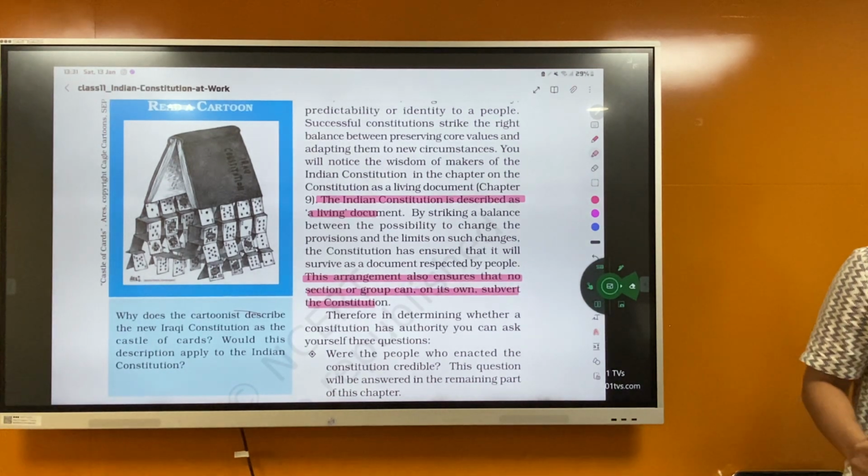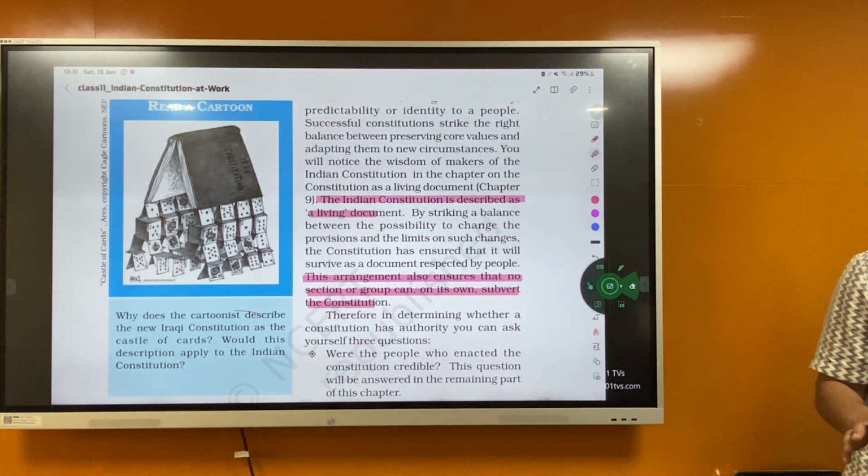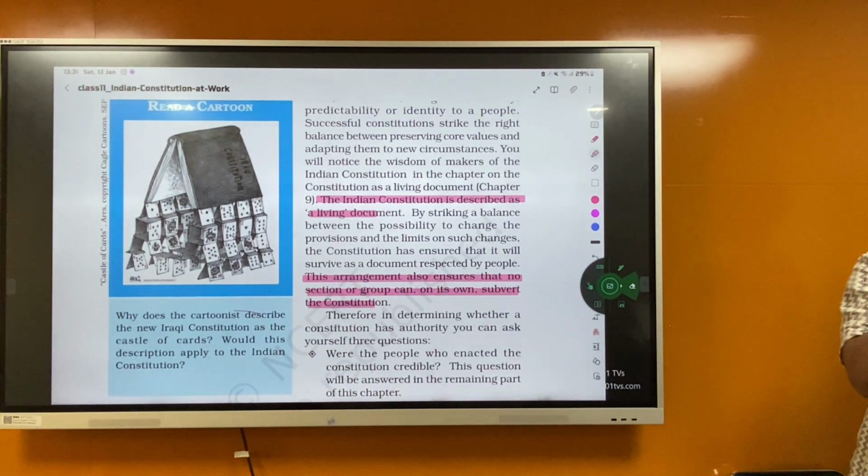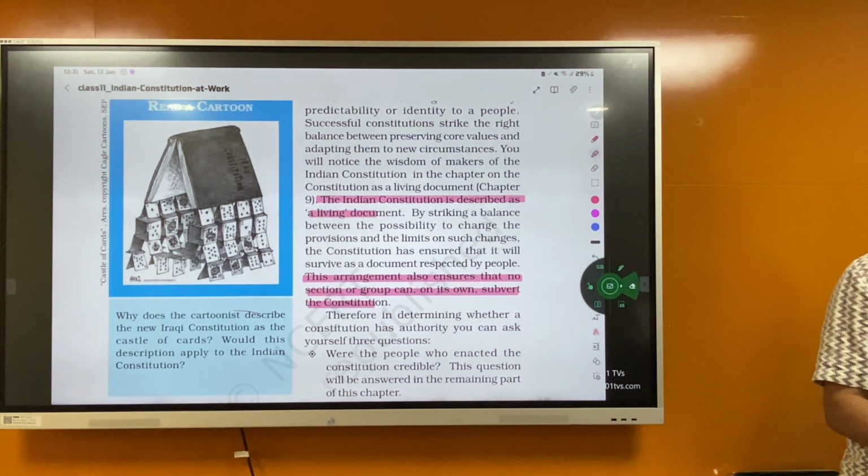We just need to give some extra examples with laws and all. You understand why it is a living document, because it is flexible. It is rigid also, and flexible also. Not that very flexible, but not that rigid either. This is why it is called a living document, because it can change with the changing circumstances.